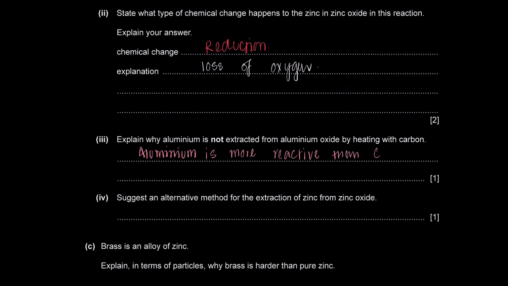Or I think it's better if I say carbon is less reactive than aluminum, because my next line makes more sense logically that way. Therefore, carbon cannot displace aluminium from Al2O3.